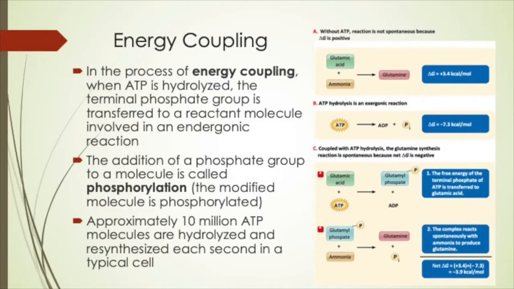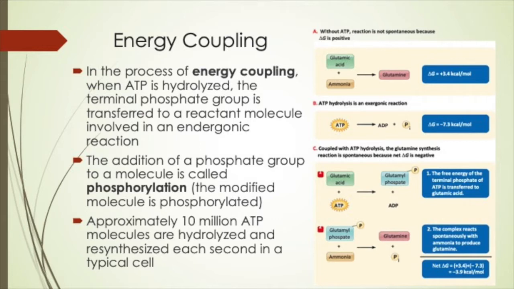So the reaction is spontaneous. That means that free energy is less than zero, right? So free energy is less than zero. It means that it's going to be spontaneous. Any other type of energy stuff, so energy coupling, ATP is hydrolyzed, right?